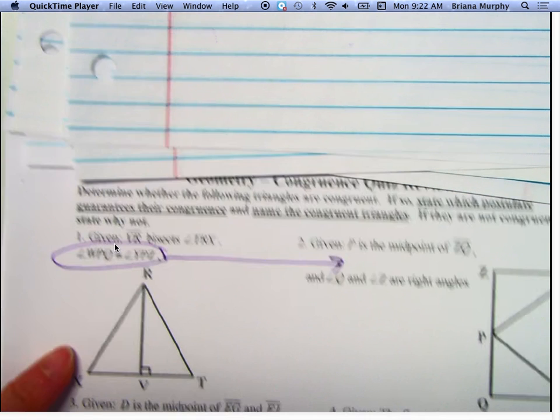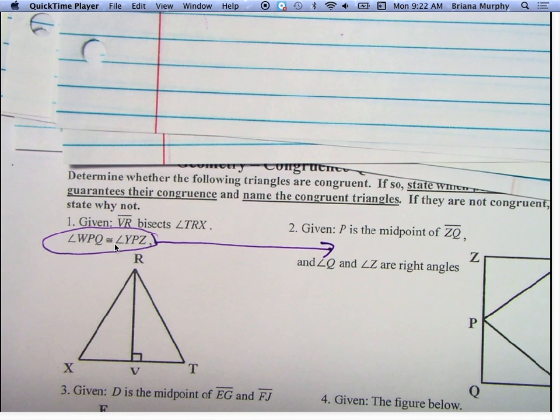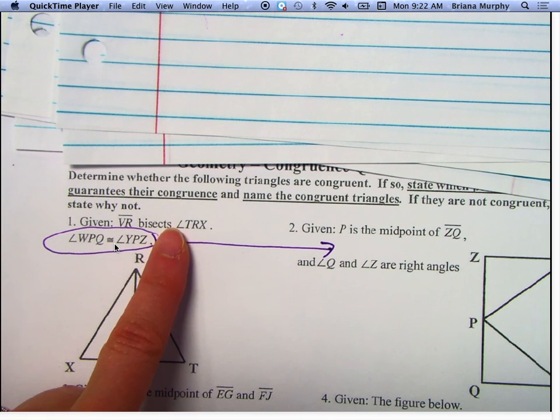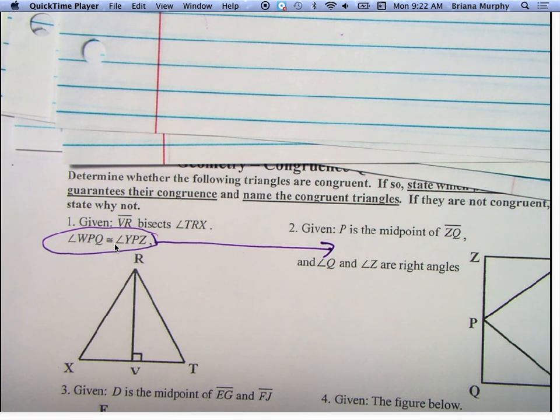So move that for number 2. There's no WPQ or YPZ there. Okay. Make sure you're looking. This is bisecting an angle, not a side. But you only have 6 problems. If you need to do them on a separate sheet of paper, feel free, but you should be able to get this done. Okay?